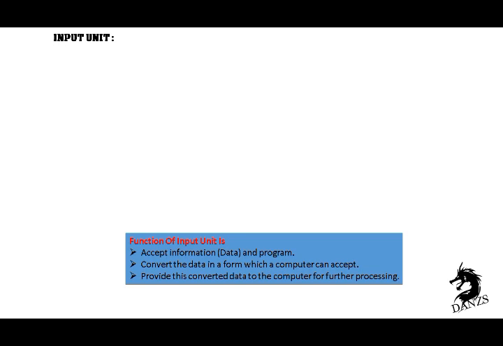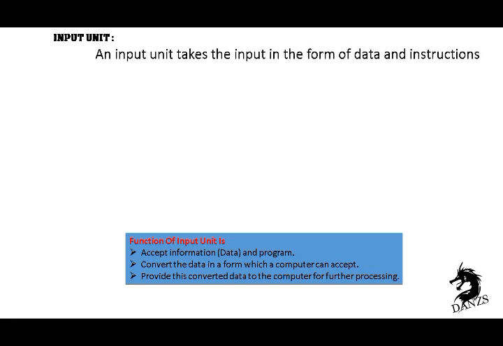So what do you mean by input unit? An input unit takes the input in the form of data and instruction. When you type A, this A is a data, or we can say information. We have given this A information to the computer.